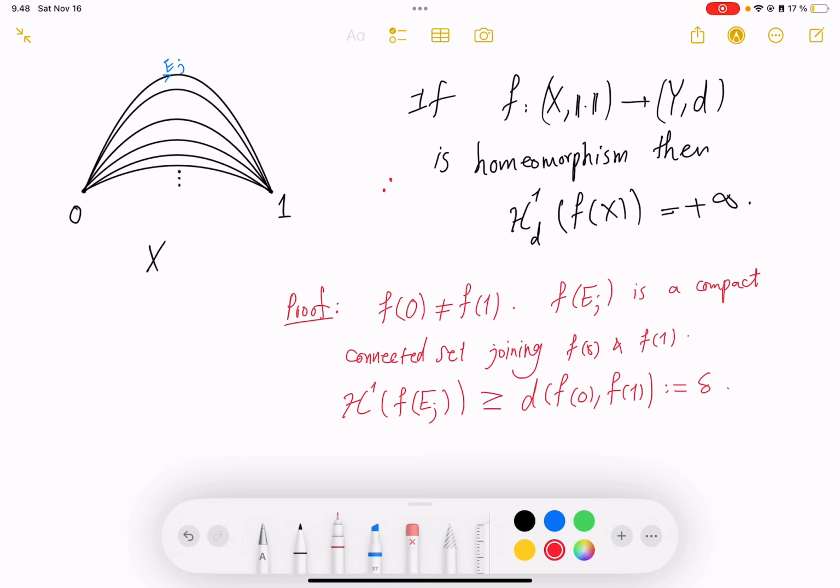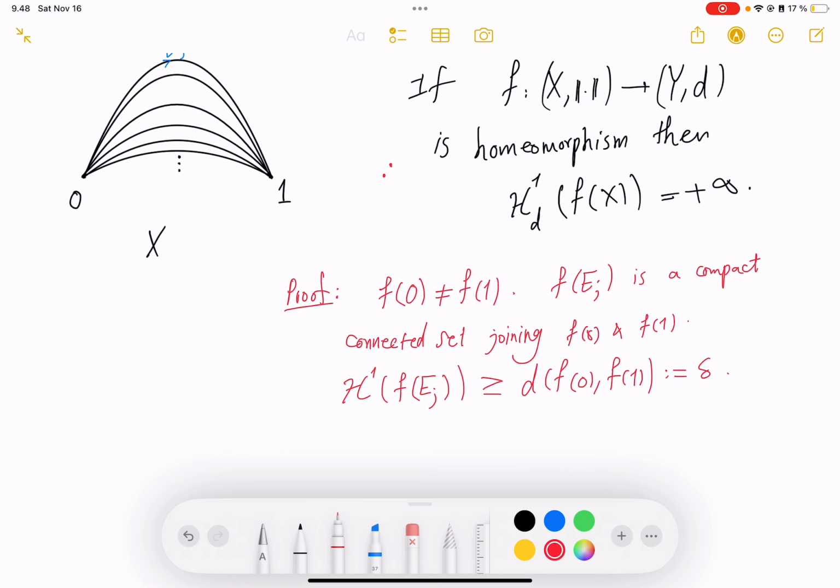But then you have many of these E_j's, and because f is a homeomorphism, these do not intersect, basically. Their intersection is just the two points f(0) and f(1), for every j and every j prime other than j.